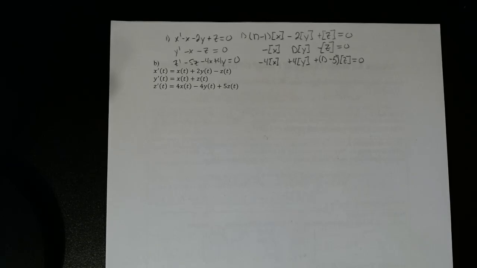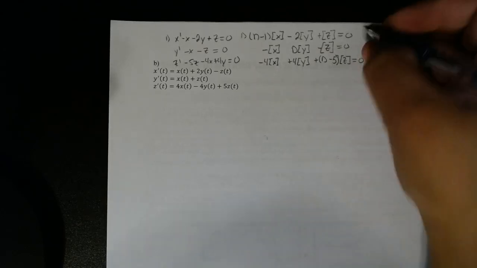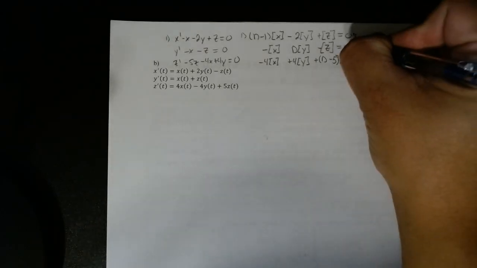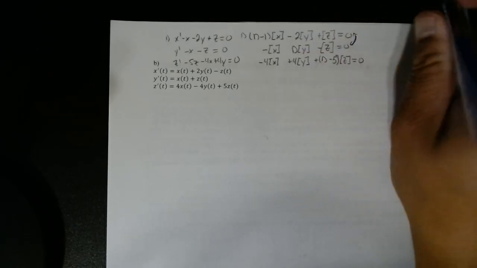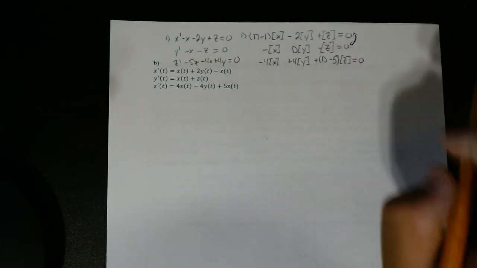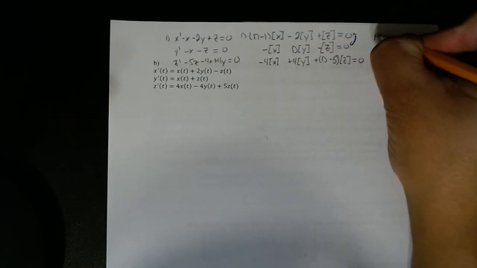Just like a system of equations, elimination basically means I want to eliminate a variable before I do anything else. It looks like z is the nice one to eliminate, just by looking at these two here. If I add them straight down, the z's will cancel away, so that's a good idea. So let's try eliminating the z's.